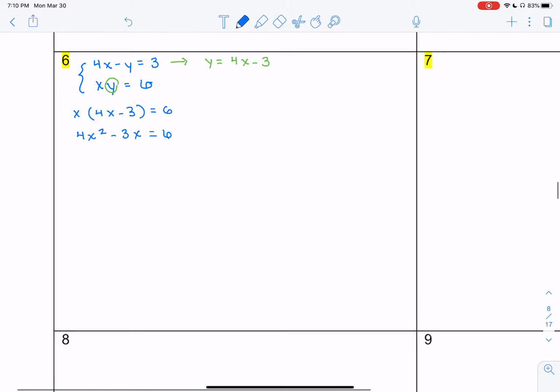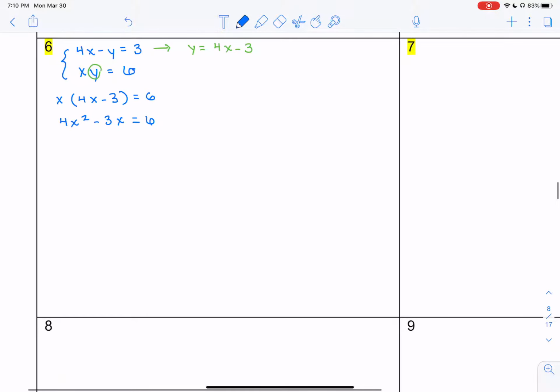And remember, since we're dealing with a quadratic, we move everything to the left, and that gives me 4x squared minus 3x minus 6 equals 0. You can be a factor king or queen, and you're not going to factor this, so you actually have to use the quadratic equation. Let me just put that down here for those students who need a refresher.